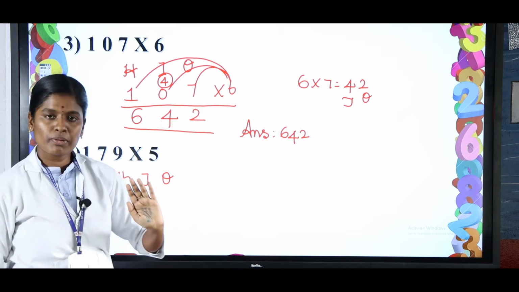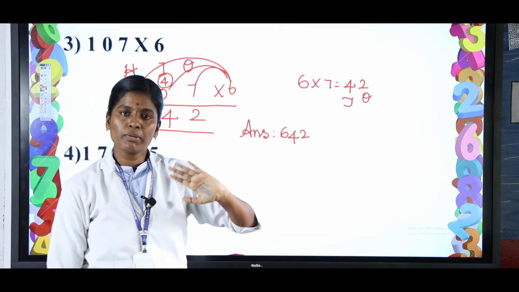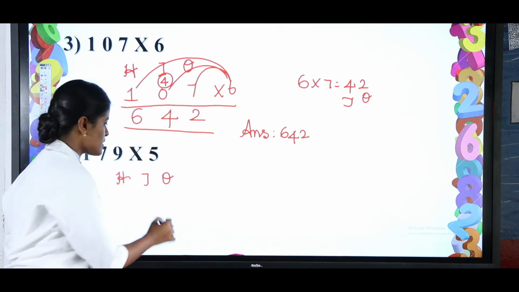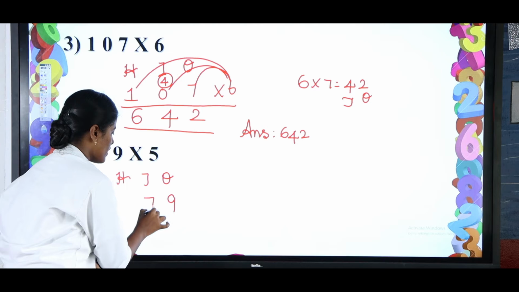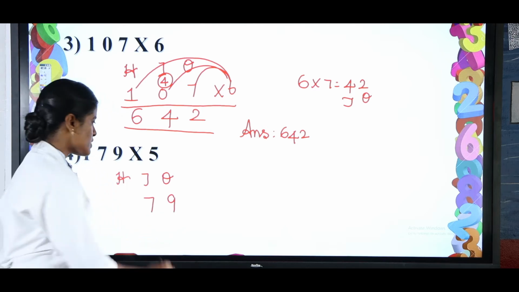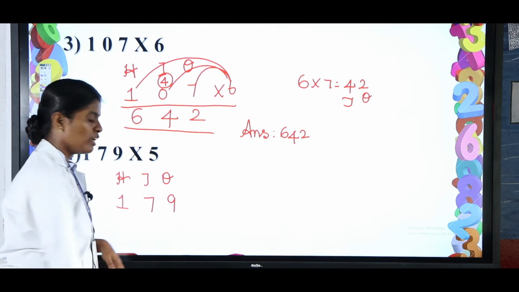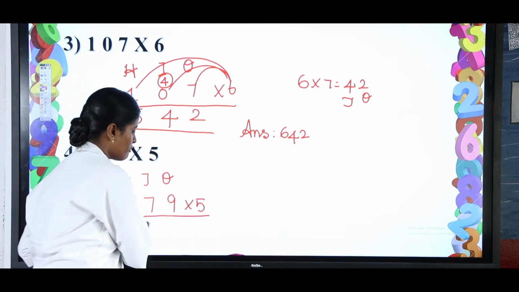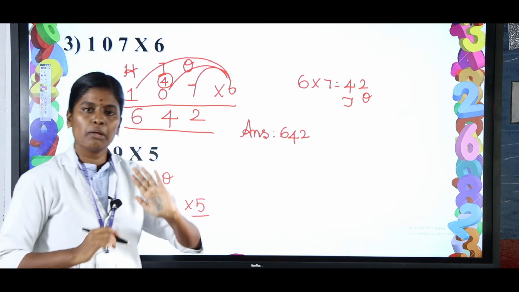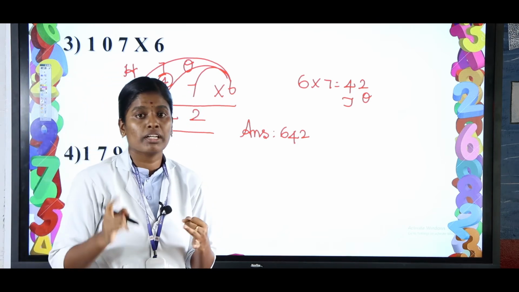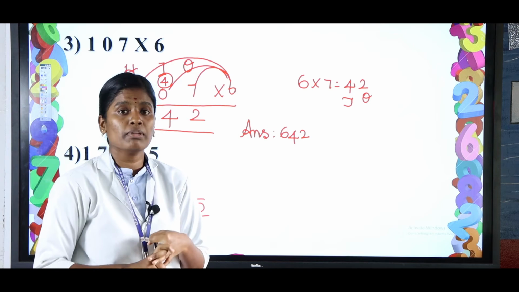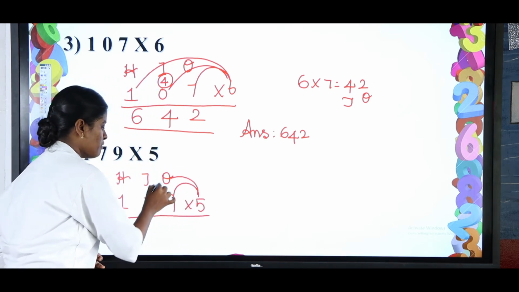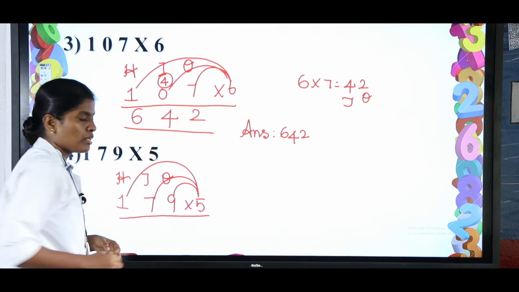Here the ones place value is 9, the tens place value is 7 and the hundreds place value is 1, and multiply by 5. So now we will take 5 and multiply by the ones place value, the tens place value and the hundreds place value. So take 5 multiply by 9, 5 multiply by 7, 5 multiply by 1.